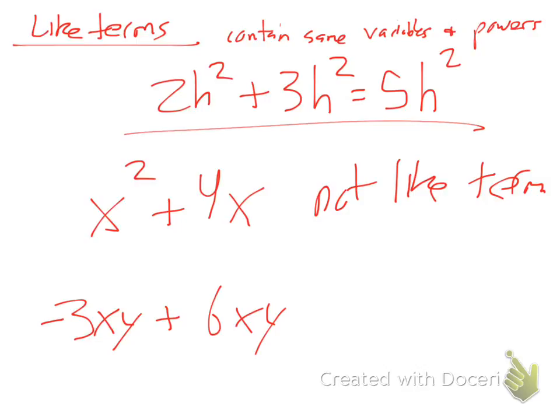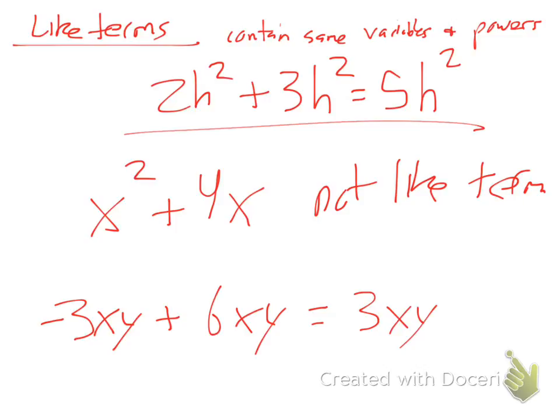And if I have a negative 3 of them, and I add 6 of them, how many of them do I have? 3 of them. And them are xy's. Okay? These are like terms, and we write it in simplest form. And when we say simplest form, we want all of the like terms put together, and you get rid of all the parentheses and all of those things.